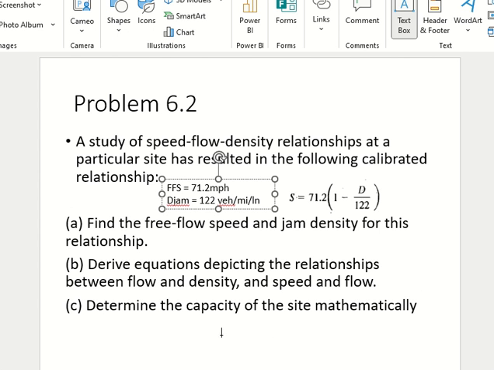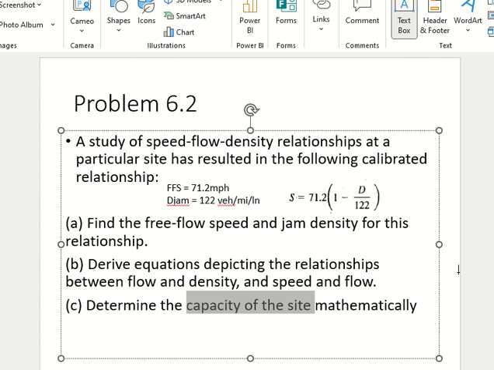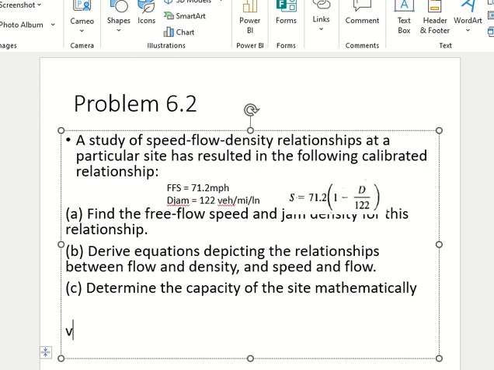And then I need another equation: V equals S into D. So first of all, I will replace S from the given equation with V by D, and I will derive the equation.